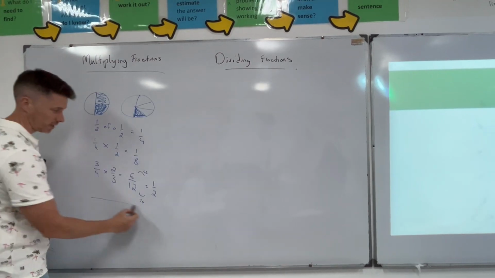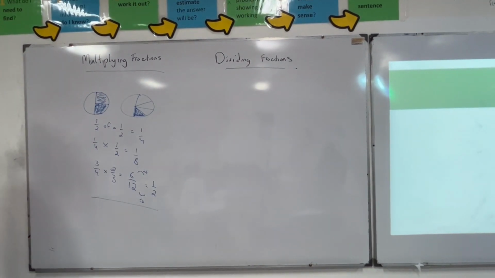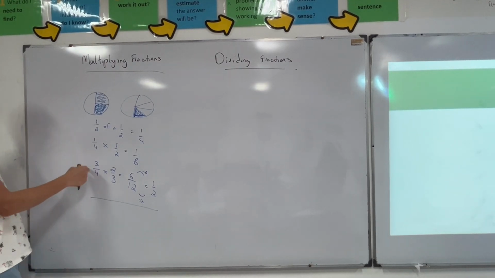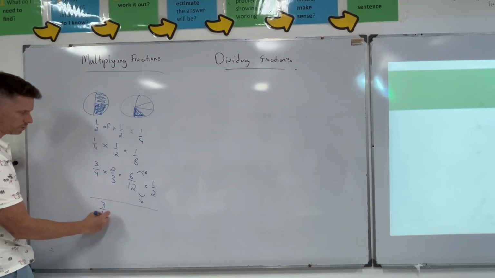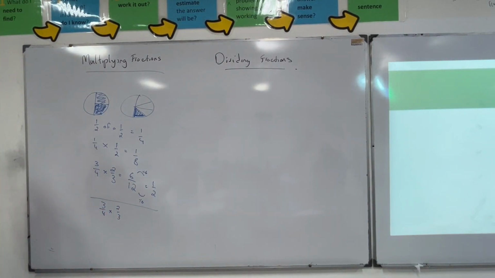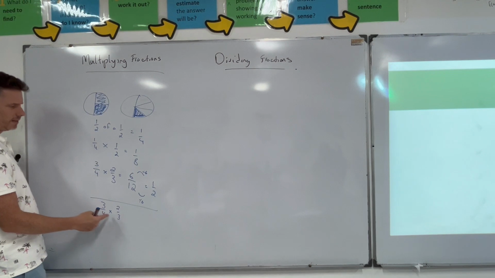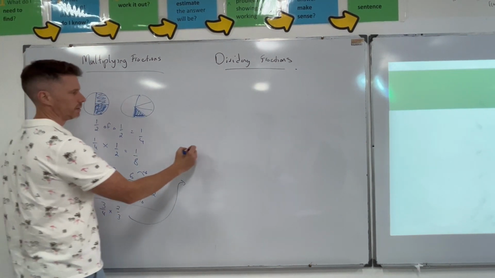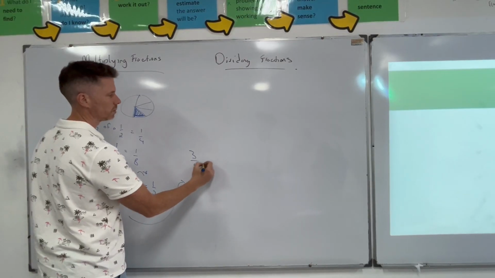Now sometimes you can do a process of simplifying before you multiply, so pre-simplification. I want you to look at this one I just did. 3/4 multiplied by 2/3.